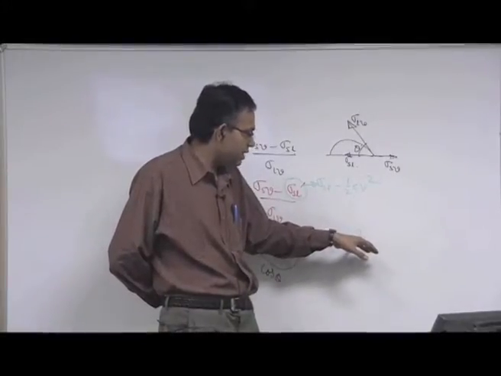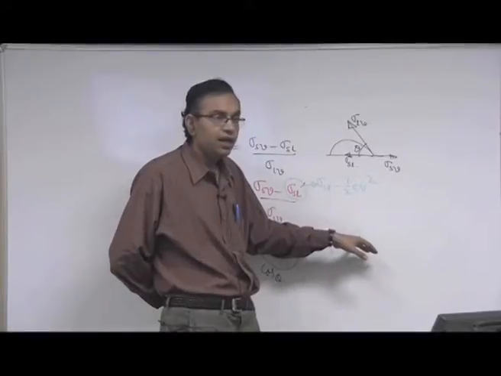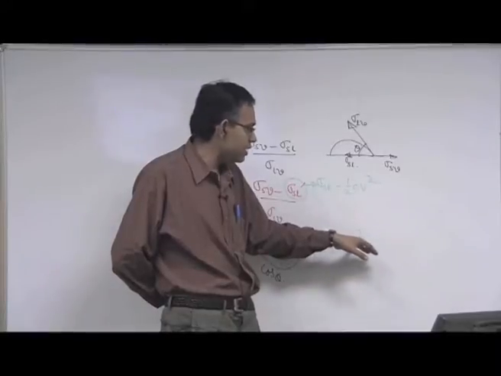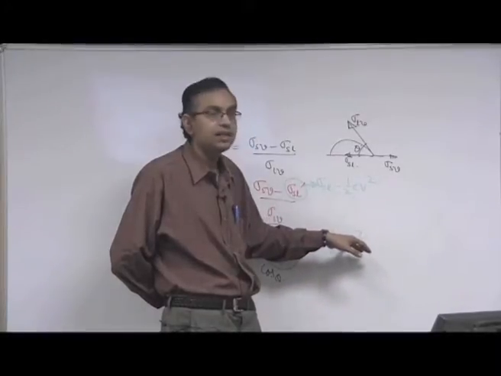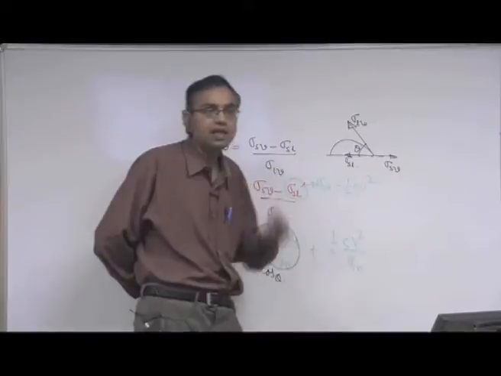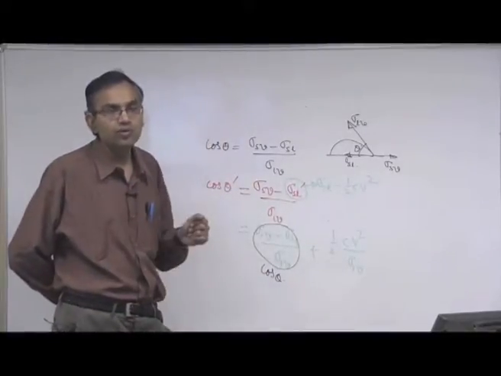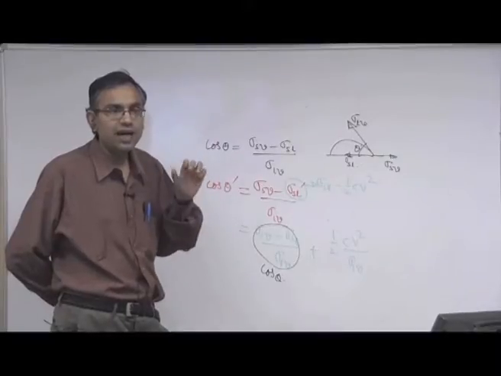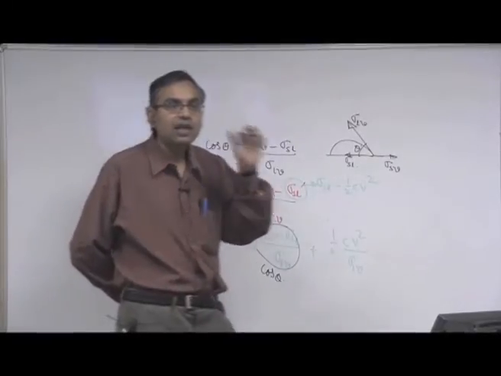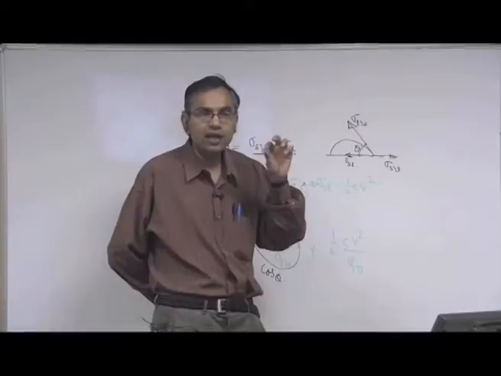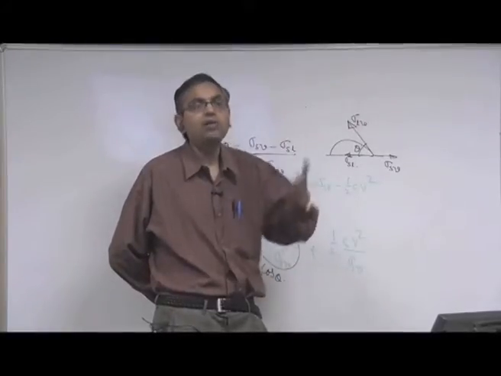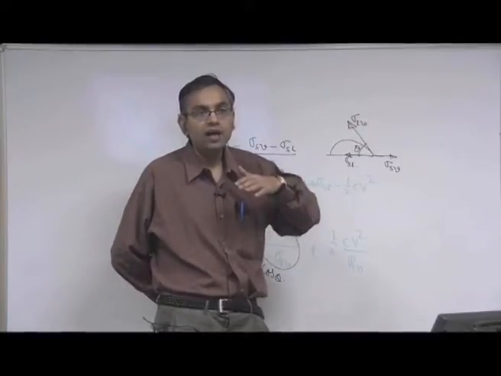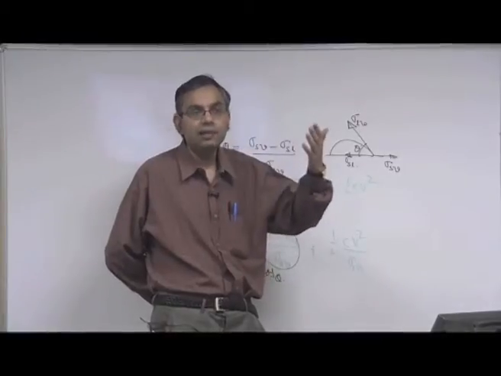The third point is that changing V, or increasing V, is much more convenient as compared to increasing C, because increasing C, how do you do it? C is epsilon by d. So you may say that I will reduce the d, the thickness of the insulating layer, by whatever amount I want, so that I will have a tremendous rise in the capacitance.